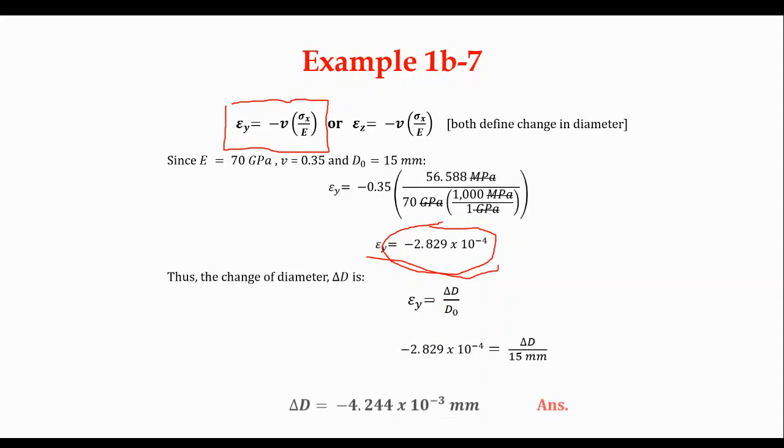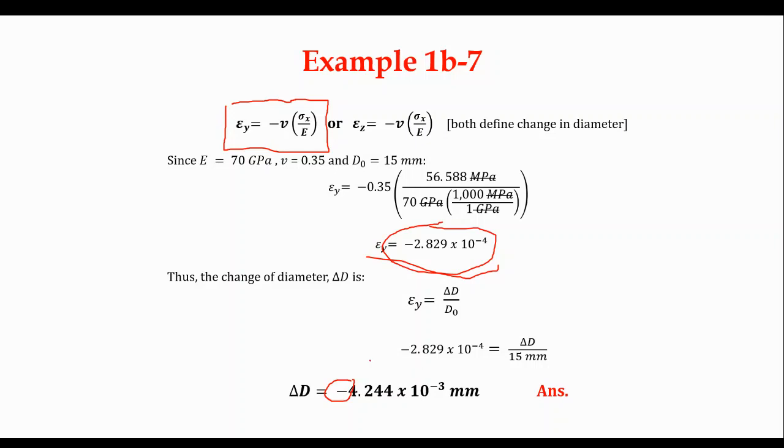So, makuha na nato ang change in diameter, negative 4.244 times 10 raised to the negative 3 millimeters. Okay? Alright. So, pag napansin ninyo nga negative siya, it doesn't mean na mali ang answer ha. It just means na opposite ang effect sa change sa diameter.